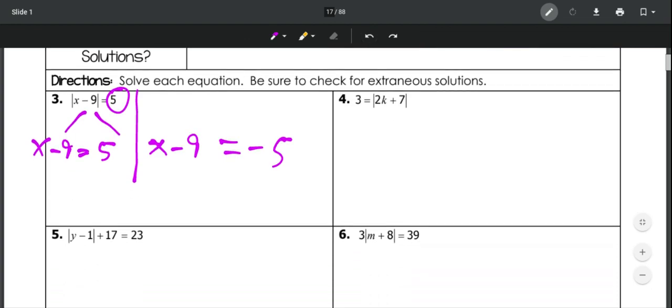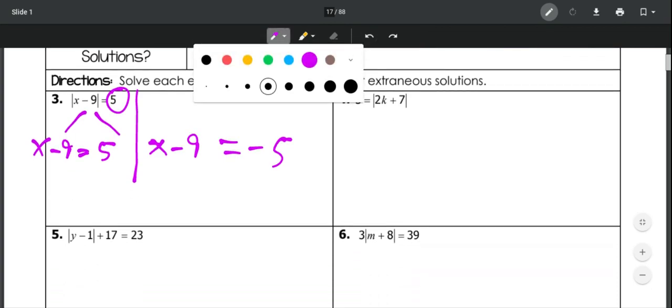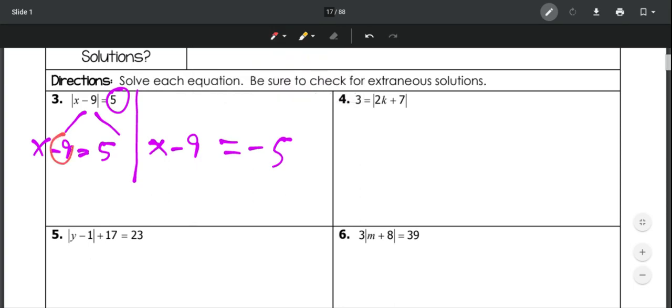So we'll look at the left side first. On the left side, we have x minus 9 equals 5. We have to get x by itself. The opposite of subtracting 9 would be to add 9. That'll get rid of that.